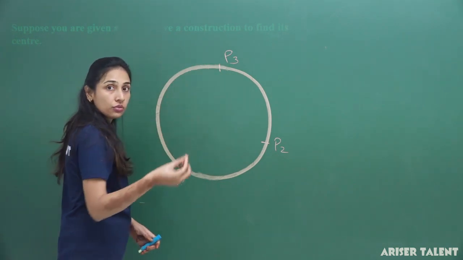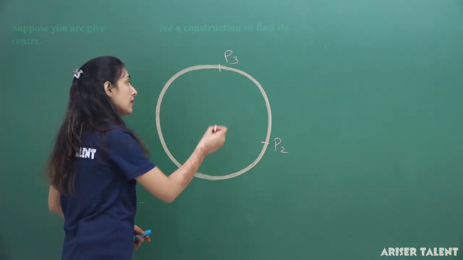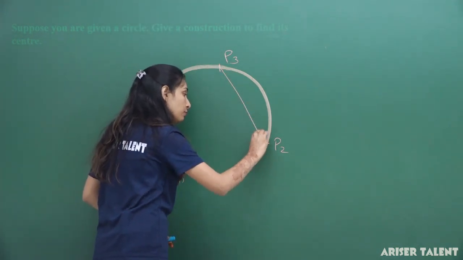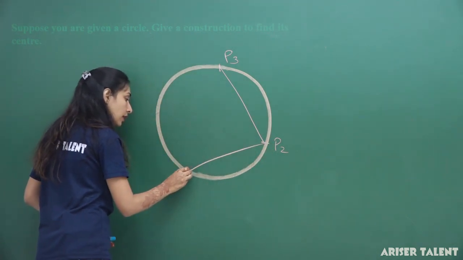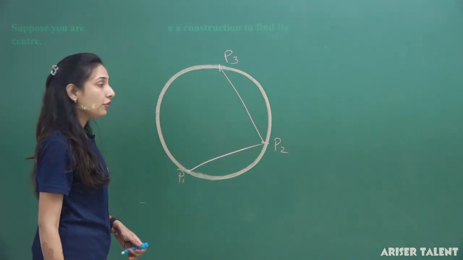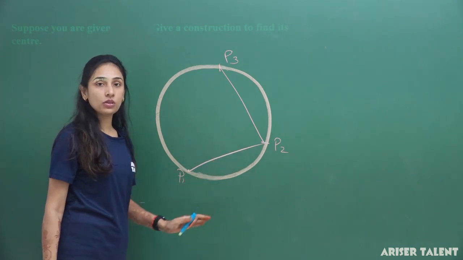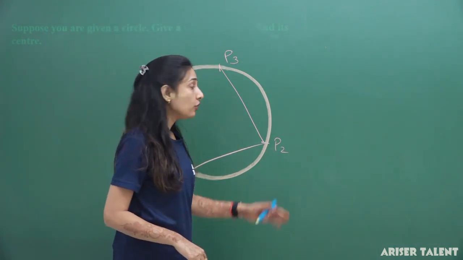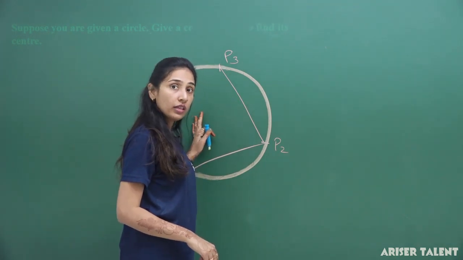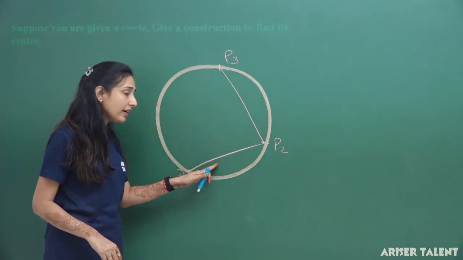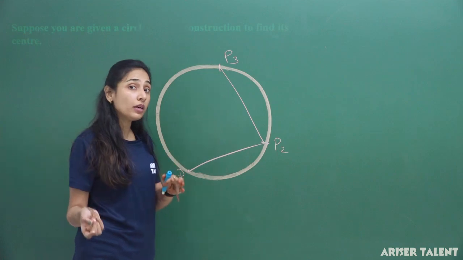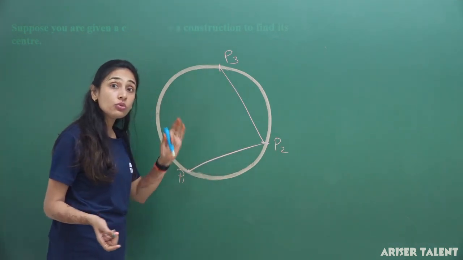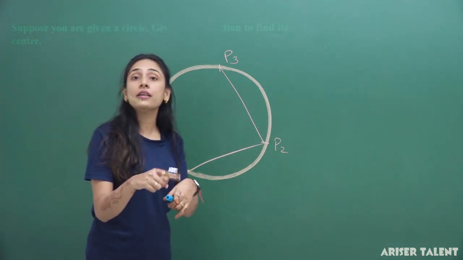Now what you have to do is join P2 to P3 and P2 to P1. So P1P2 is a chord and P2P3 is a chord. The perpendicular bisectors of these two chords will intersect at the center of course.